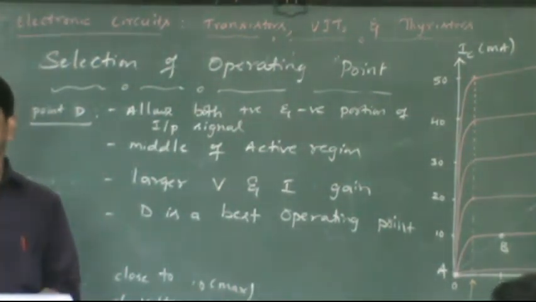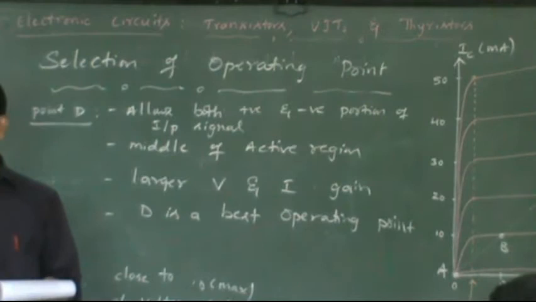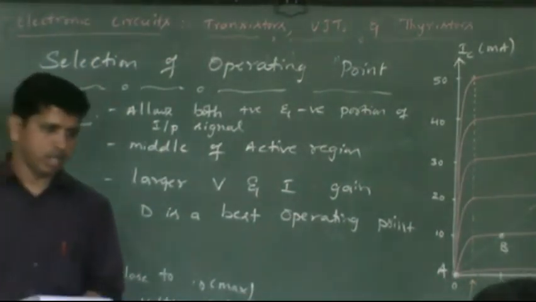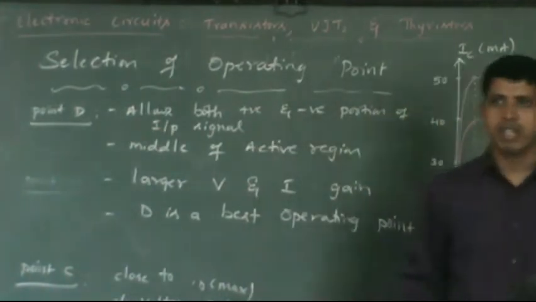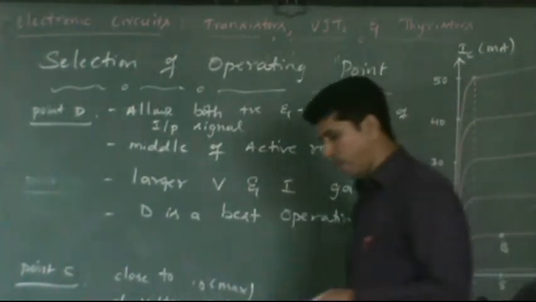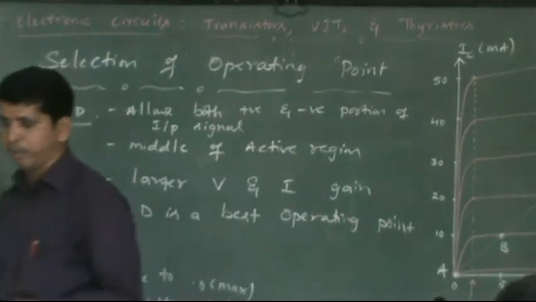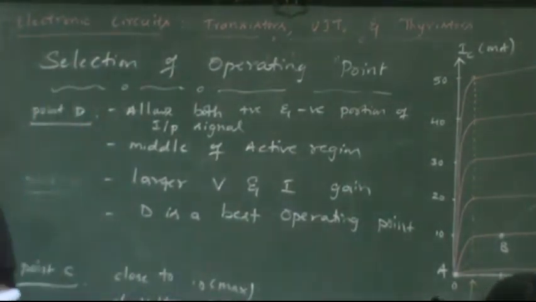If you don't select this properly, then maybe you are going to get a distortion in the output, you never get the faithful amplification. Now the question arises: suppose I fix an operating point, everything is okay. Do you think you will get faithful amplification, or is there any other factor which is going to distort the output signal?